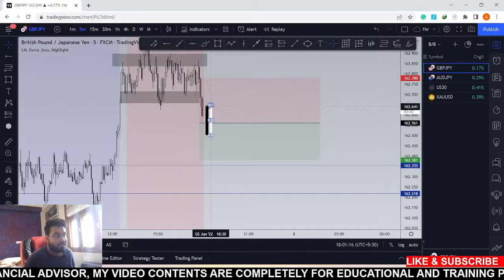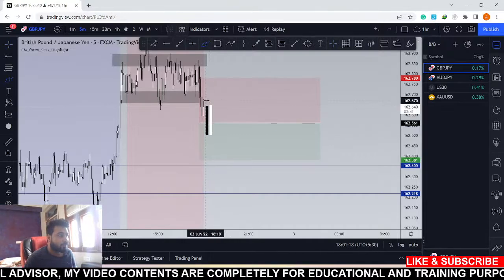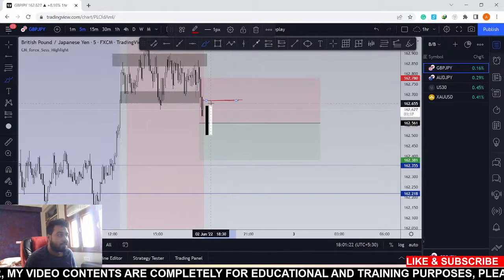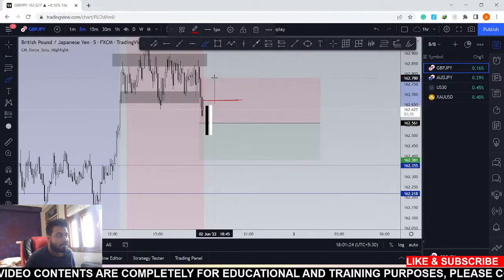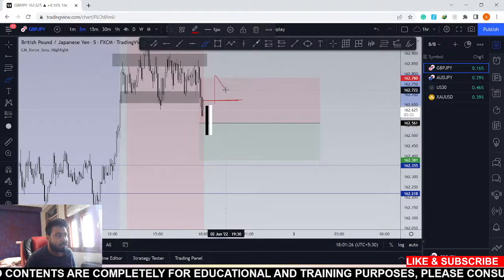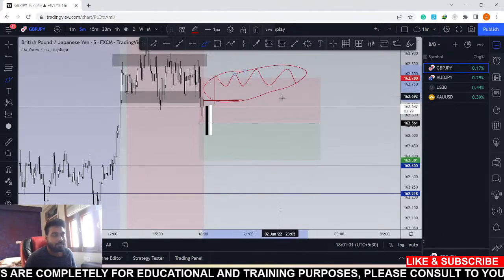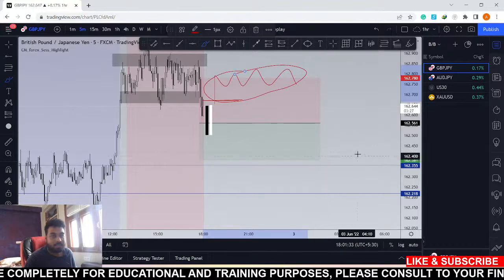What will I do? I will just close my entry somewhere around this area. Okay. Why? Because there is a high chance that it will just go inside the range and start giving me some sort of corrective market. So why would I stay in this entry?